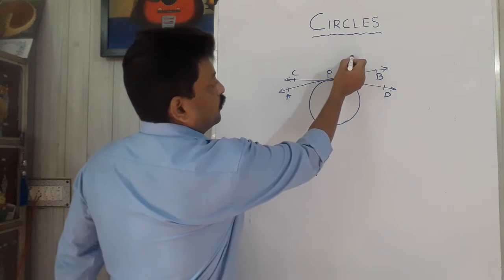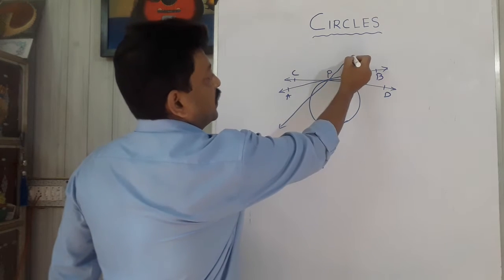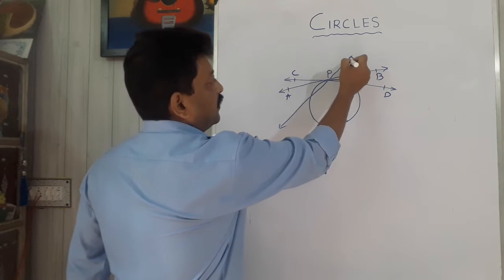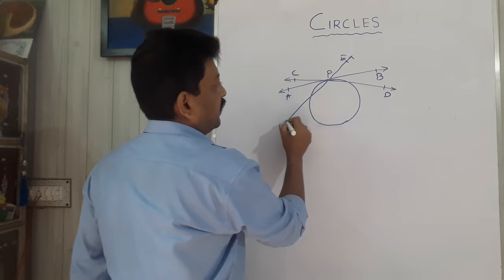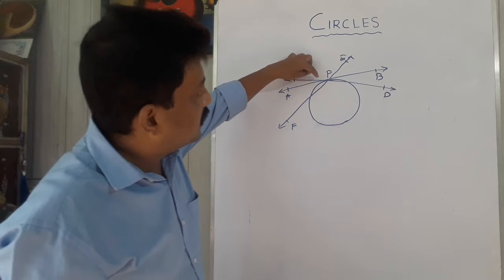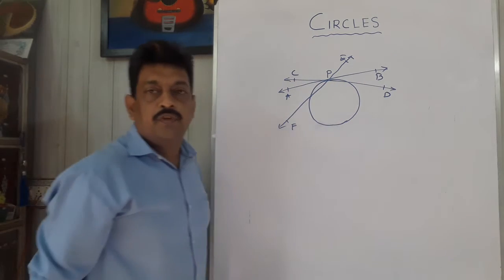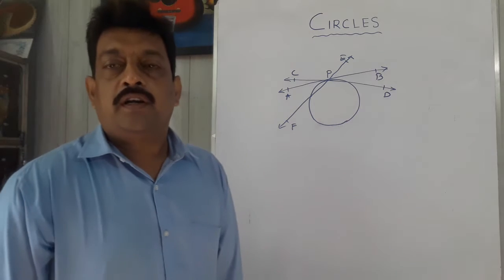If you draw another tangent from this side, suppose this is EF. EF is also intersecting the circle at 2 points, one here and another here. So this is also not a tangent.